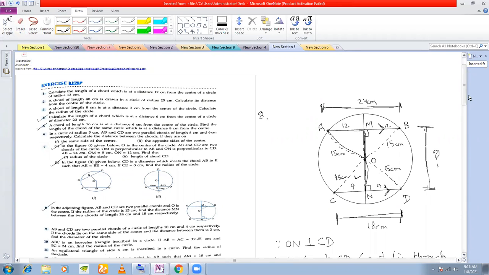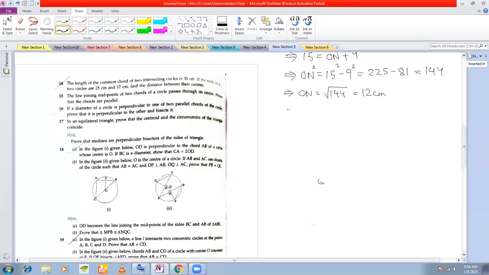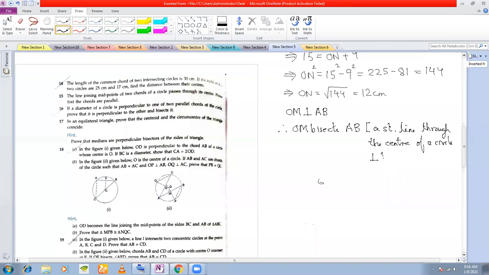So we'll write first OM perpendicular to AB. Therefore, OM bisects AB. Reason is a straight line through the center of a circle, perpendicular to a chord, bisects it.